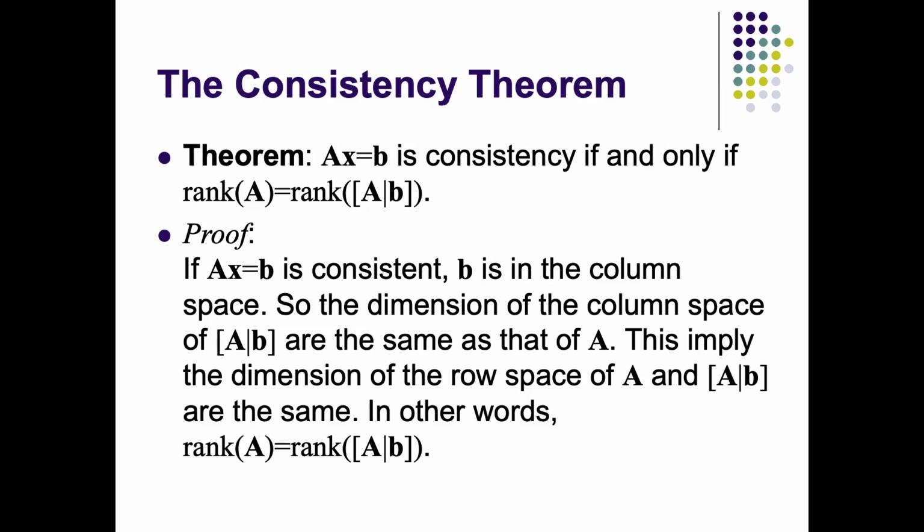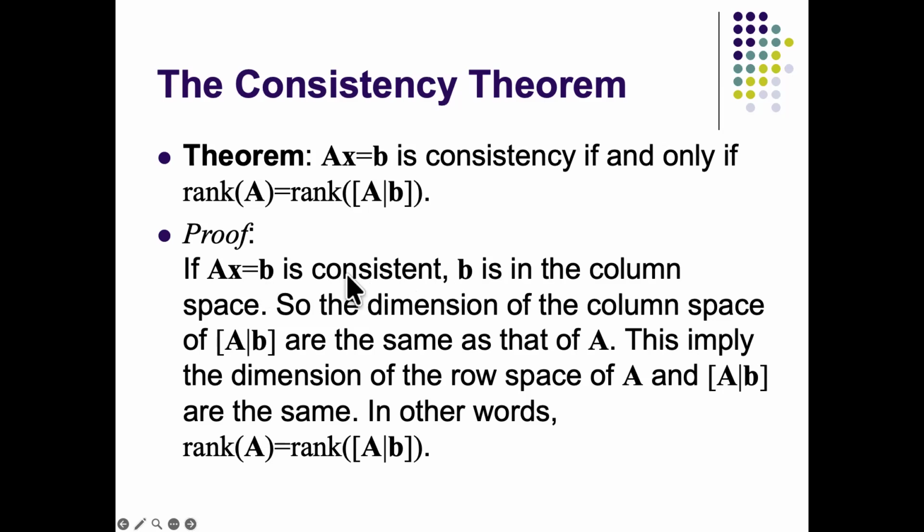If there's a solution to the system of linear equations, according to how we write it, the left-hand side is a linear combination of the columns, so we can say B is in the column space, right?